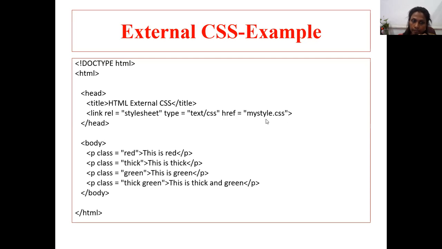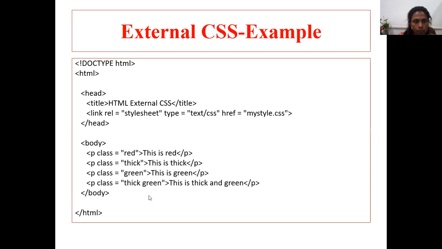This is going to be the external file, and in it we will have all the presentation styles. Then we finish the head tag, and in the body tag we have the paragraph tag, with a number of sentences like this is red, this is thick, and so on, and then we finish the body tag and the HTML file.